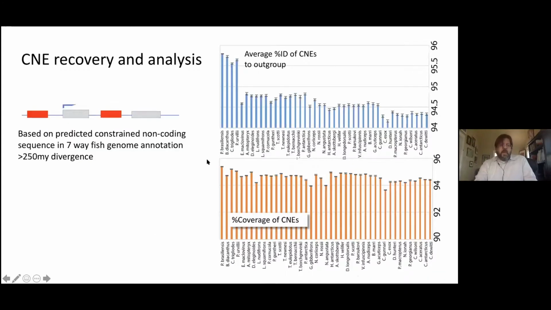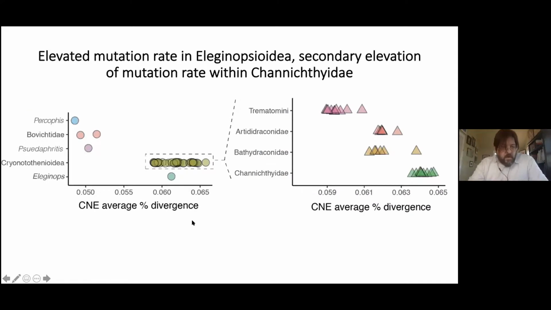This shows analysis of CNEs, conserved non-coding elements, by genes. In a phylogenetically stratified bar chart, you can see that we get coverage of all of these. However, we see a distinct drop in percent ID from about 96 to about 94, so about 2 sites per 100, only within the icefish themselves. Eleginops is the outgroup, and Cryonotothenioidea are the icefishes.